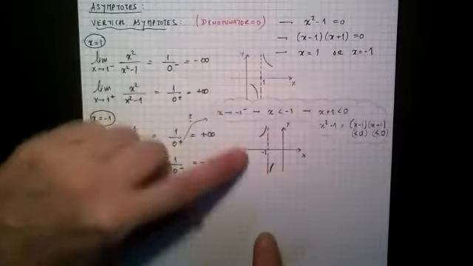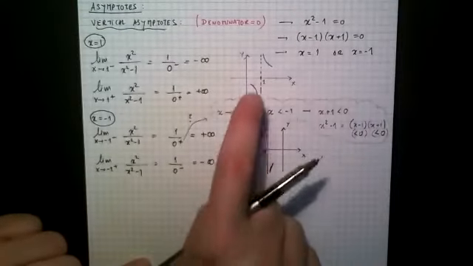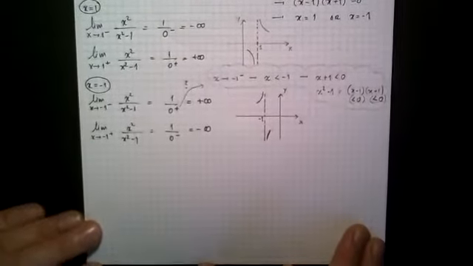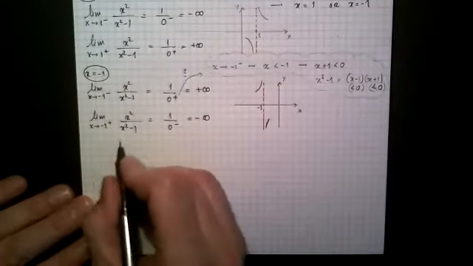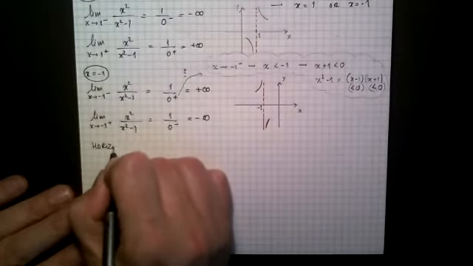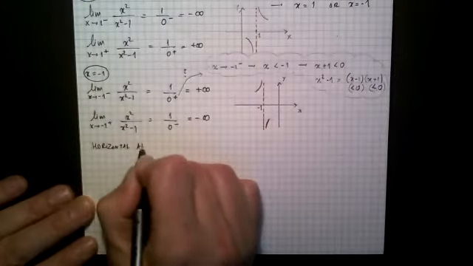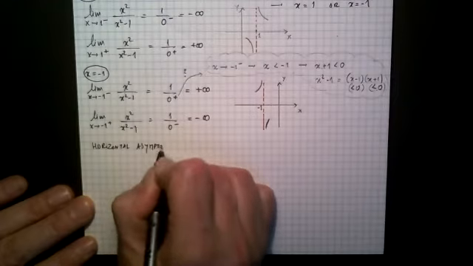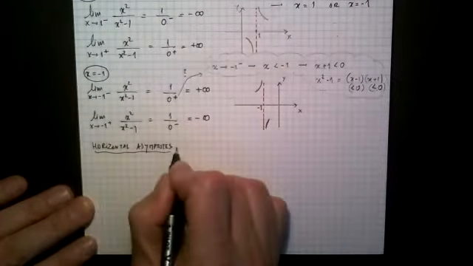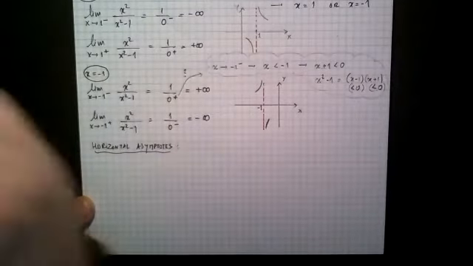Okay, so these are my two vertical asymptotes. I have one at -1, I have one at 1. Let's do now the horizontal asymptotes. So how do you find the horizontal asymptotes?